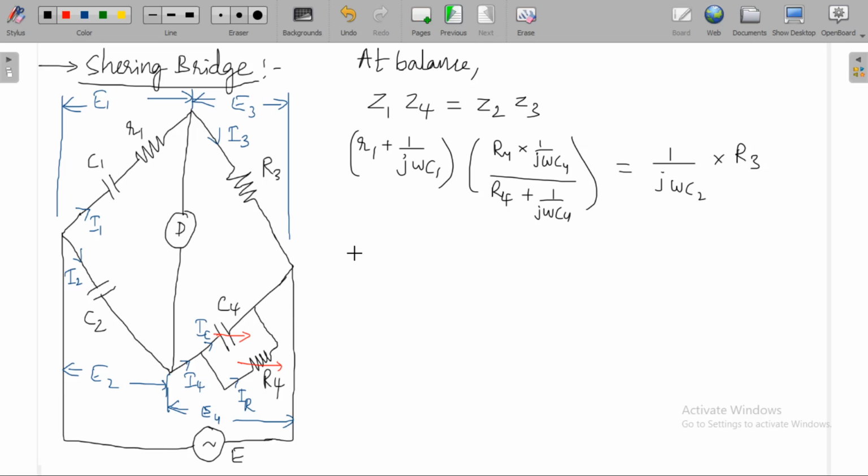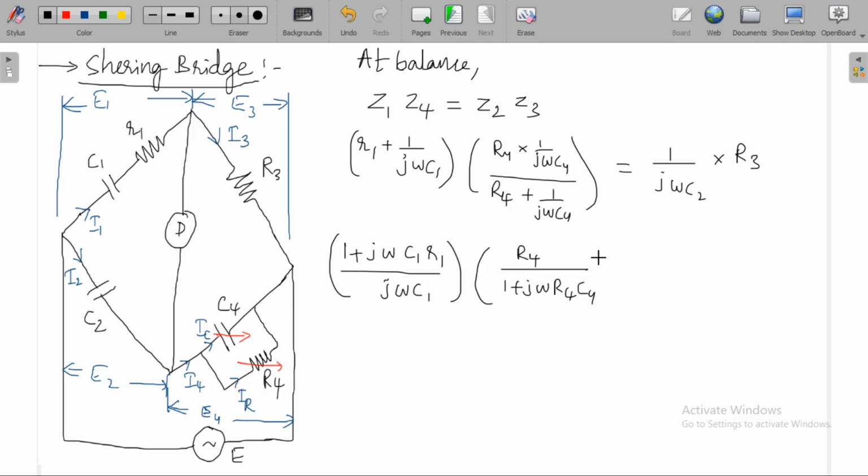Now this will be 1 plus j omega C1 R1 by j omega C1, and this will be R4 by 1 plus j omega R4 C4, into R3 by j omega C2. Both j omega terms will get cancelled.